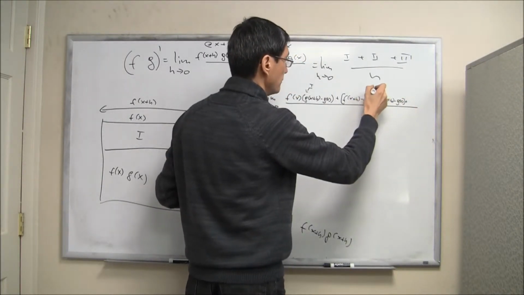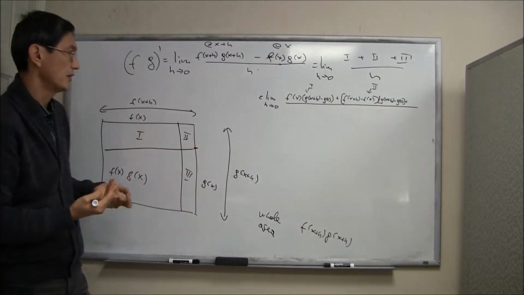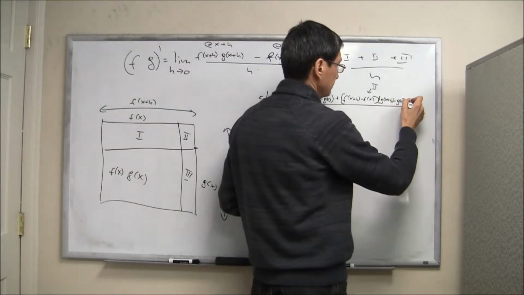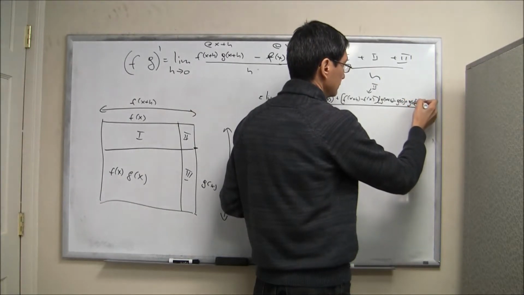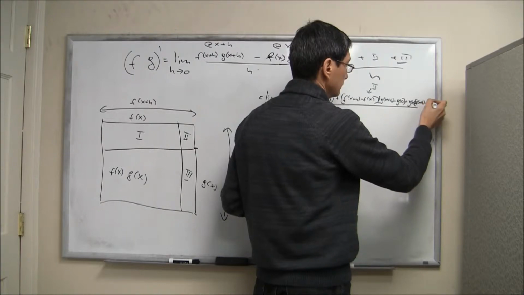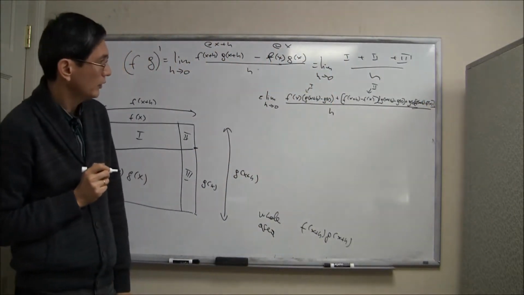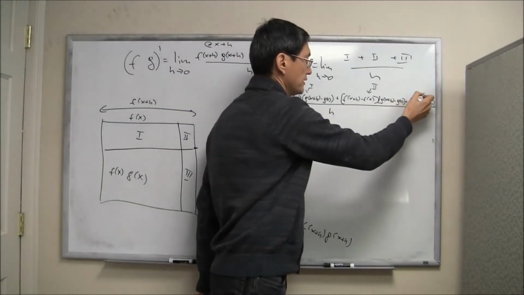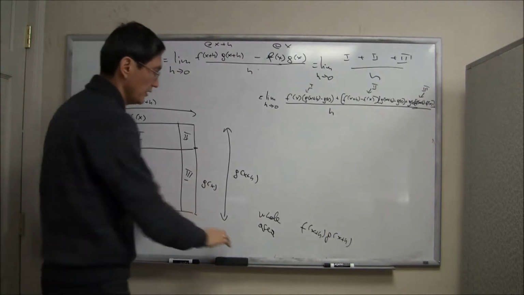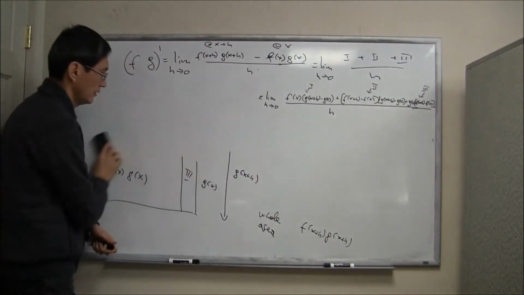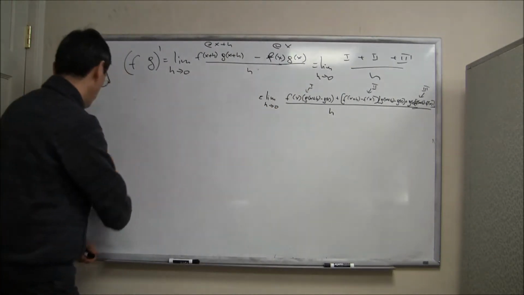That's piece 2. And similarly, piece 3 will be g of x times f of x plus h minus f of x. Hope you can read what is written there. So that's piece 3. Now I'm going to separate that into 3 pieces, and we're going to see what happens.